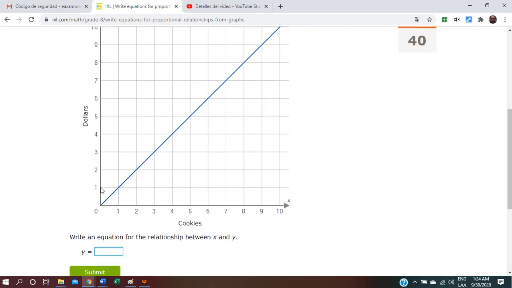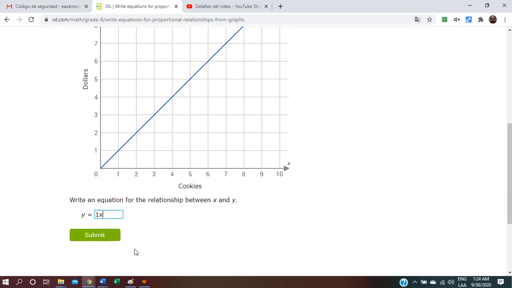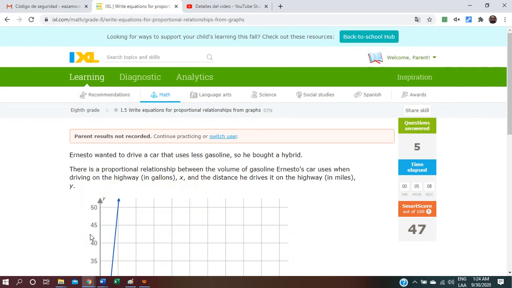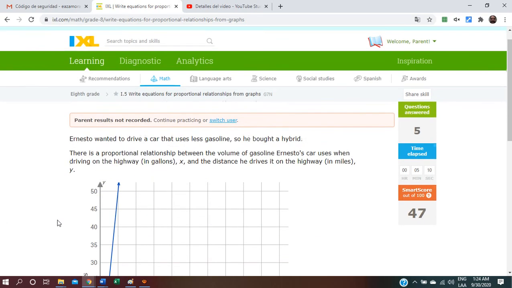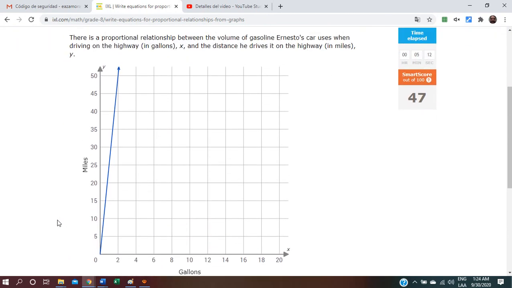Oh, the same is going to happen here. 1 divided by 1. Just so you can see that both ways are correct. If you write 1x, it will also be correct, but we usually don't include the number 1 in that. So our first exact point is going to be at 50.